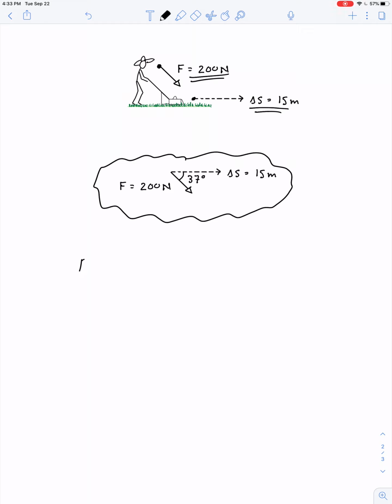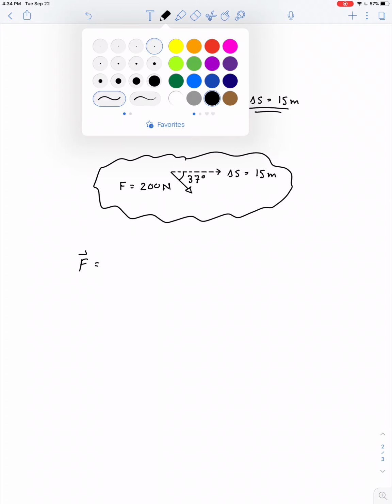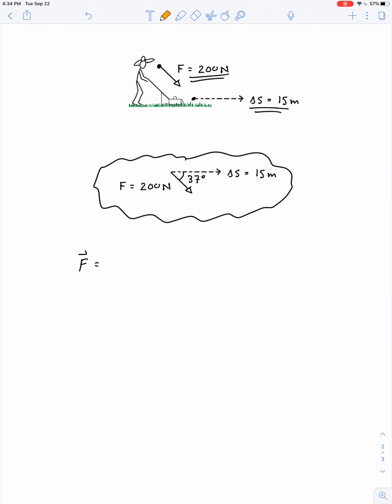Okay, let's restate this force in unit vector notation. The force would be equal to, well, isn't this just a matter of finding components to this force vector? So this 200 newton force has a component along the x and y axes. Now the displacement is entirely along the x-axis, so that's easy. The force has a component along the negative y-axis, and it has a component along the positive x-axis.